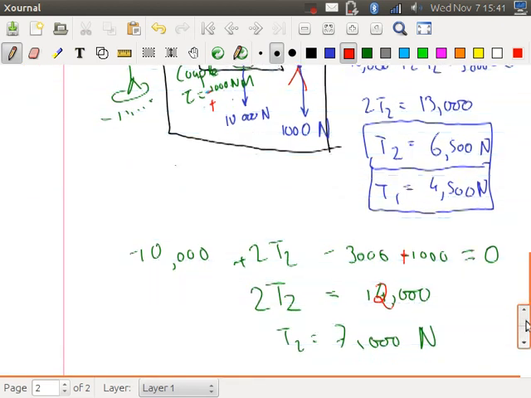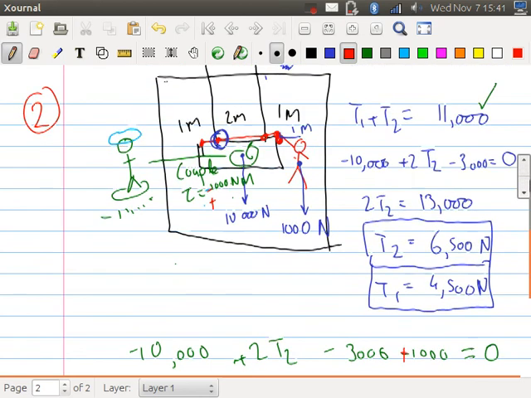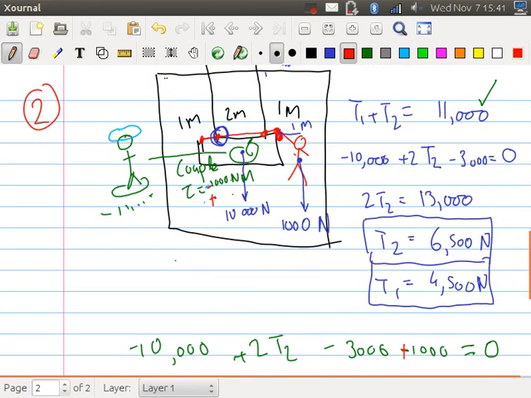Right? 2,000 and 10,000. So what's the tension? It'll be 6,000. So if I want to help him, should it be positive or negative? Positive. And if I don't want to help him, negative.